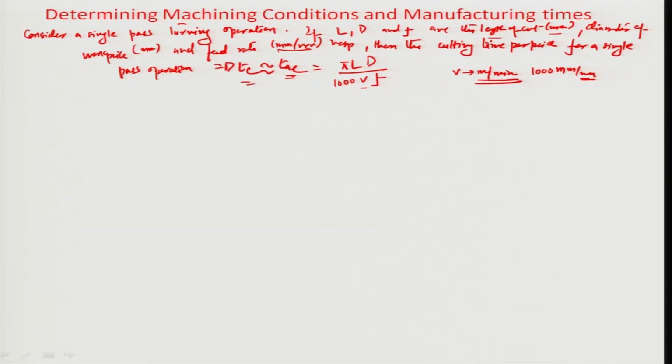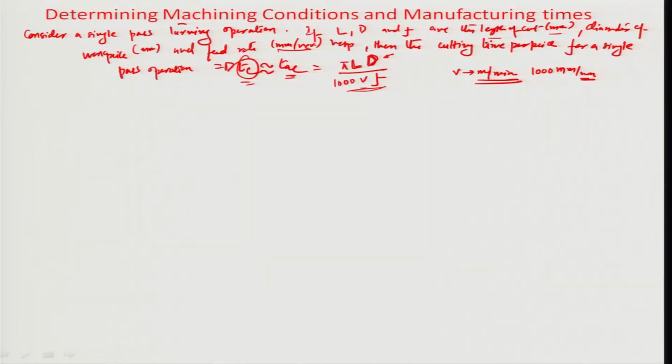So, obviously, the pi L D gives you an idea of the total surface area which is removed, and that divided by 1000 Vf gives you an idea of how much time in a single pass would be taken to remove this much amount.